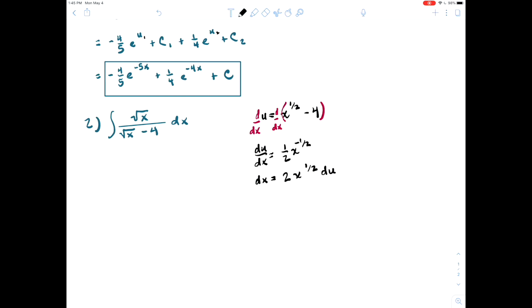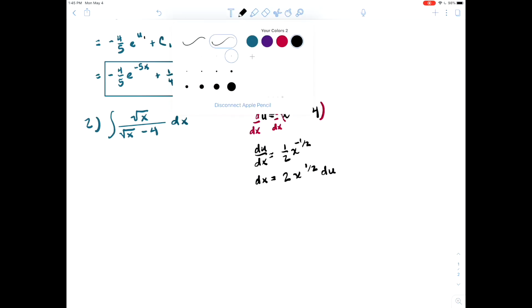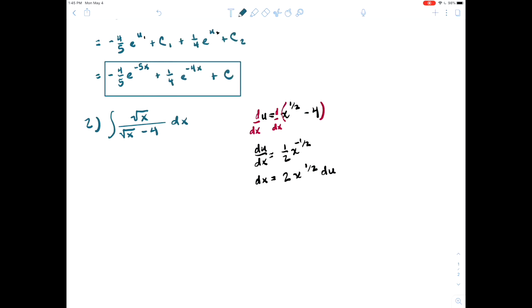Now, let's check out what we've got. So coming back and making our substitutions in here, this would be equivalent to the integral of x to the 1/2. I'm writing the numerator in rational exponents, which is what I did over there, over u.